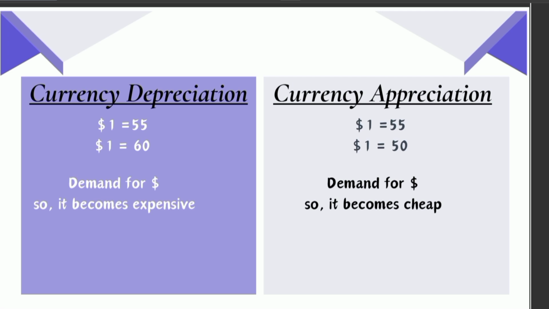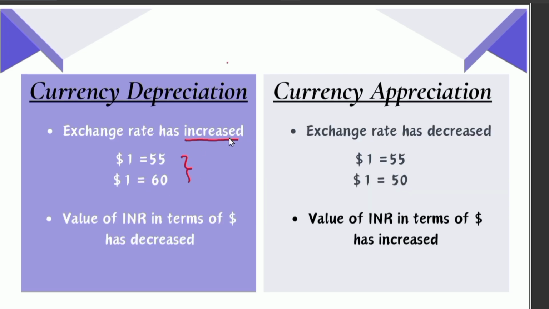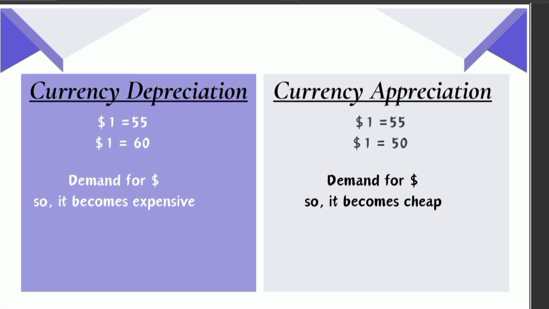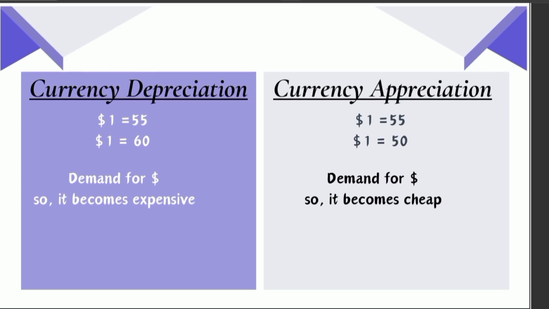In our earlier example we mentioned that the exchange rate has decreased or increased, but why does it happen? Going back, when the value of the dollar changed from 55 Indian rupees to 60, what does that mean? It means that demand for the dollar has increased in the foreign exchange market, due to which the dollar becomes expensive. And what does currency appreciation mean?